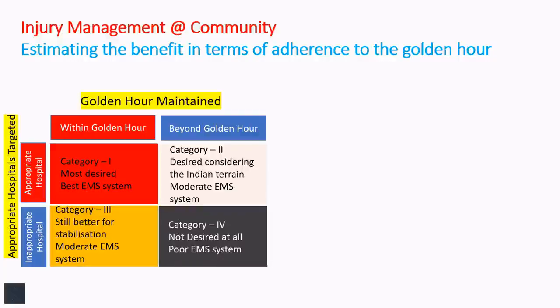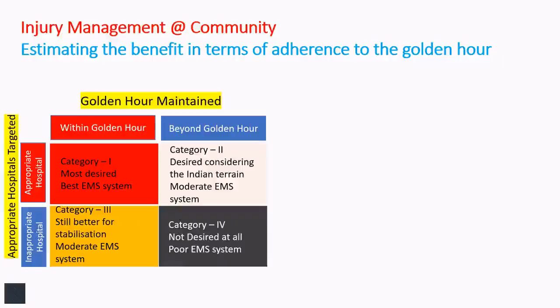Now the fourth category, which neither maintains the golden hour nor goes to an appropriate hospital, is absolutely a big no in the EMS system of any country or any region. So when we want to evaluate a particular EMS system's performance or efficiency, we pick up all the emergency cases or injury cases that have been managed in a given period of time and put them into these four quadrants.